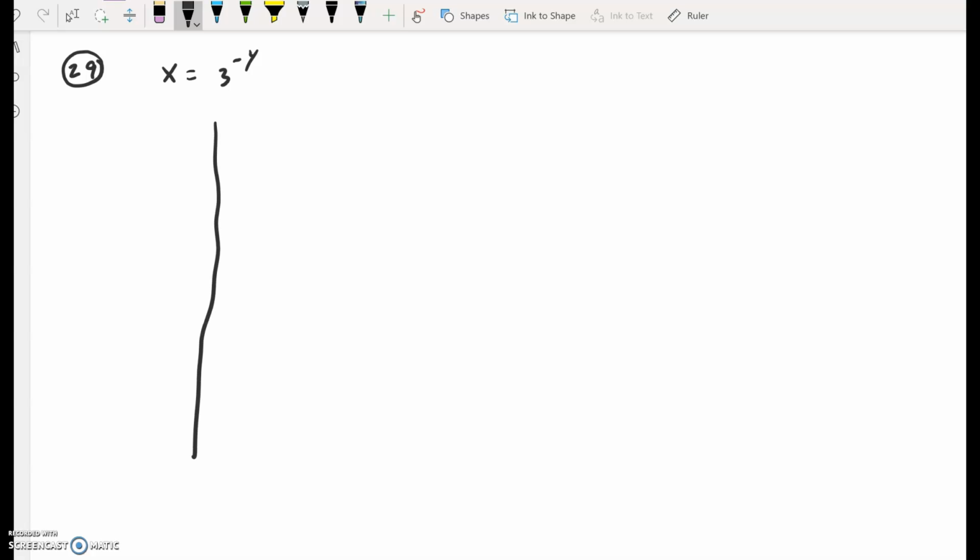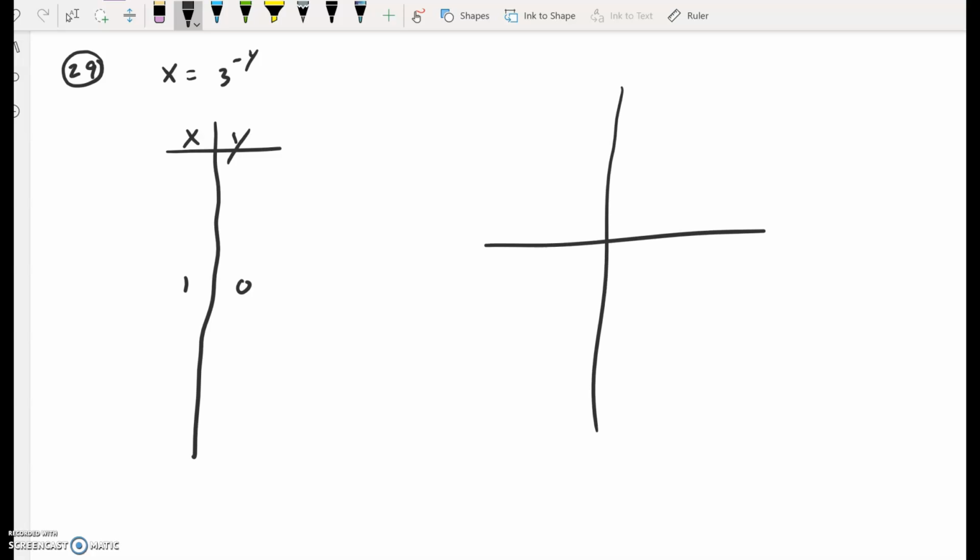Again, instead of philosophizing, we're going to make a table of values. And so I'm going to put in 0 here for y, and we get 3 to the 0, we get 1 for x. I'm going to keep score over here. So when x is 1, y is 0, and we have this point right here. When I put in 1 for y, I get x equals 3 to the negative 1. That's the reciprocal, which is 1/3.